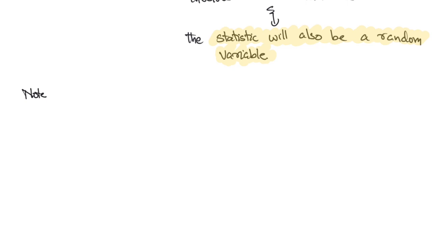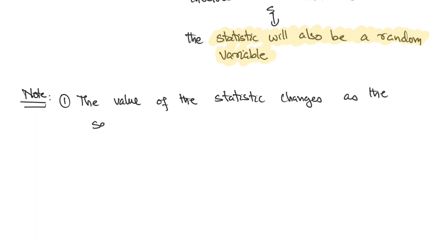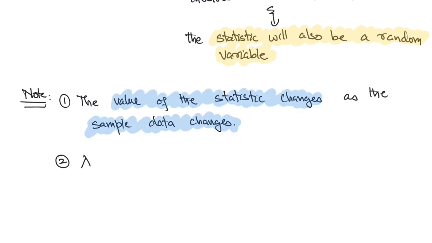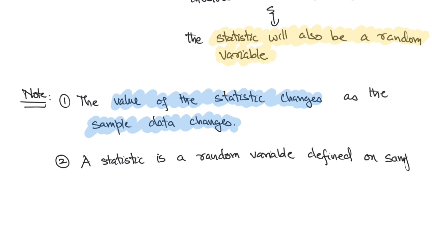What this means is that the value of the statistic will change as the sample data changes. Also, a statistic is a random variable that is defined on the sample data corresponding to a random sample. What does this mean?